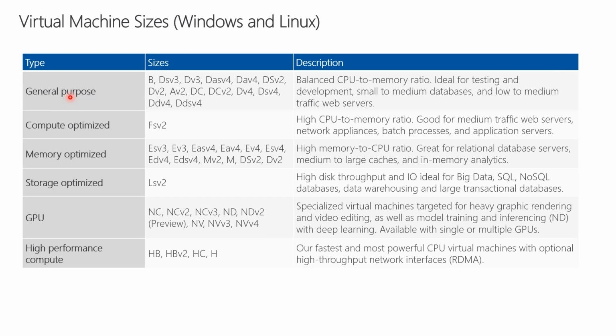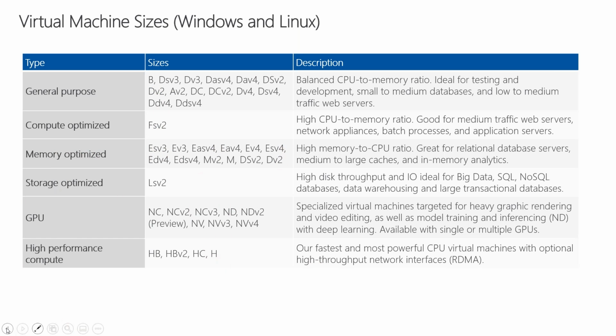If you are going with general purpose, you can go with DSV3, DASV4, DSV2. If you are going with compute optimized, then FSV2. If you are going with memory optimized, then you have to go with these sizes.